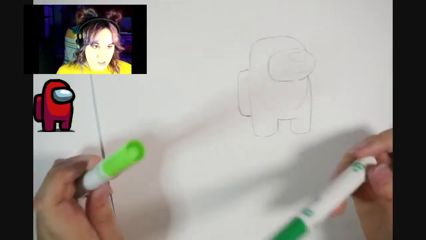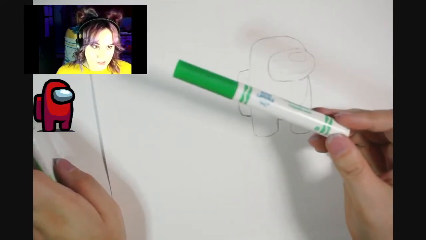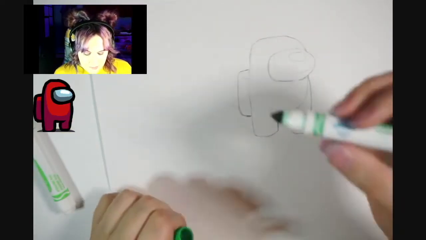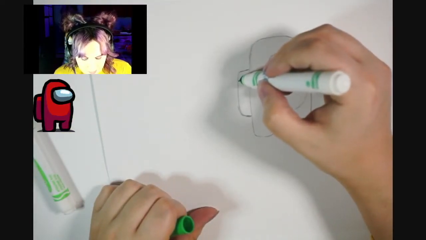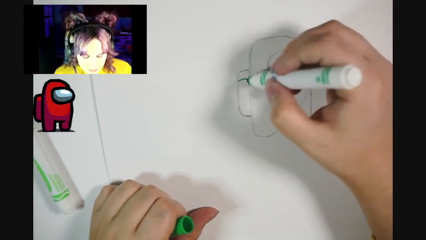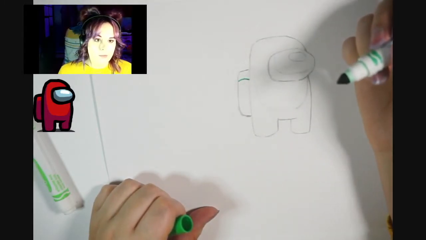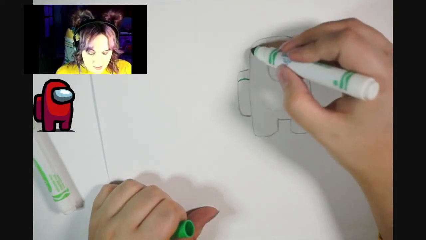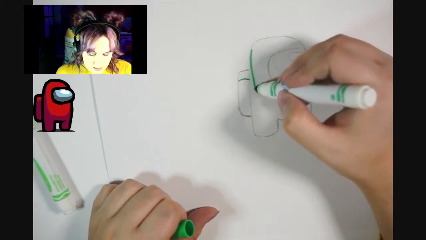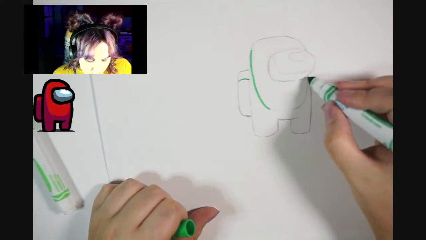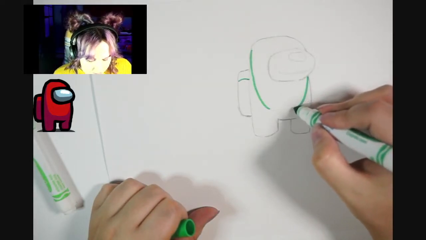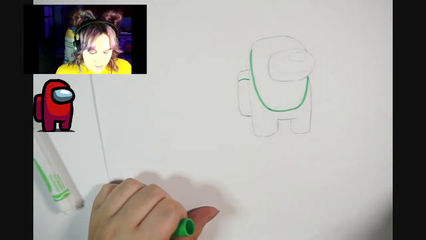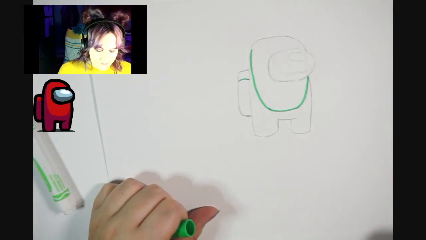I'm going to start with my darker color. And I'm going to follow the pencil line that I just made. And that's going to cover up and make sure that all of my pencil marks are covered up by the darker color. And then you won't see it as much. Or maybe you won't see it at all, depending on which color you're using, right?